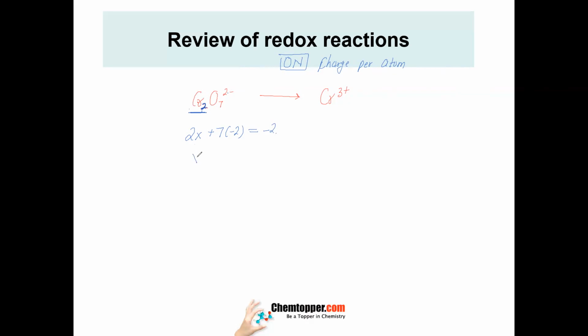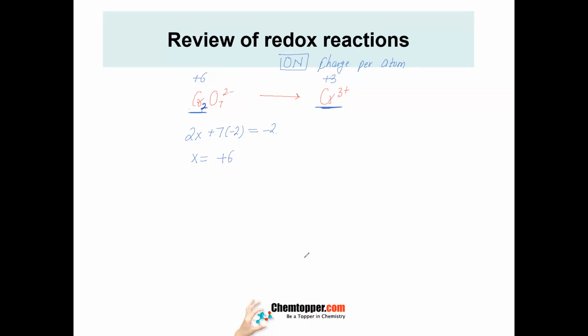So what is x? Yes, plus 6. Very good. And what is the oxidation number here? Rule number 2, monoatomic ions: the oxidation number is the charge on the ion. Yes, Sarayu, very good, plus 3. So you're going from plus 6 to plus 3. How many electrons?